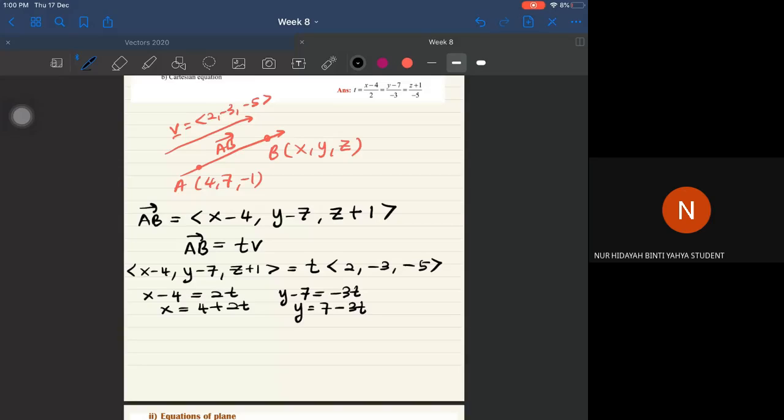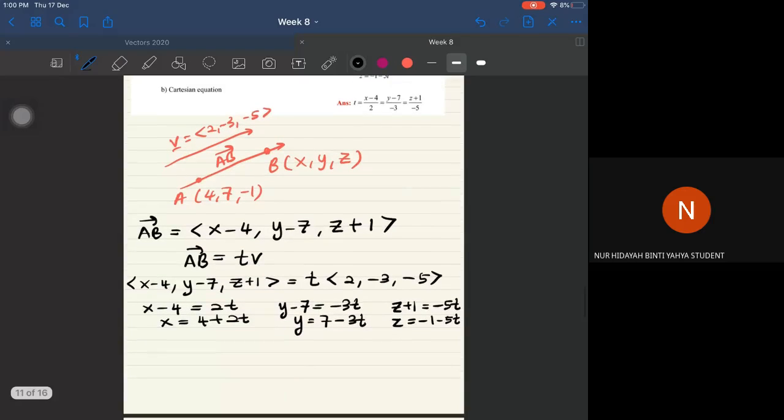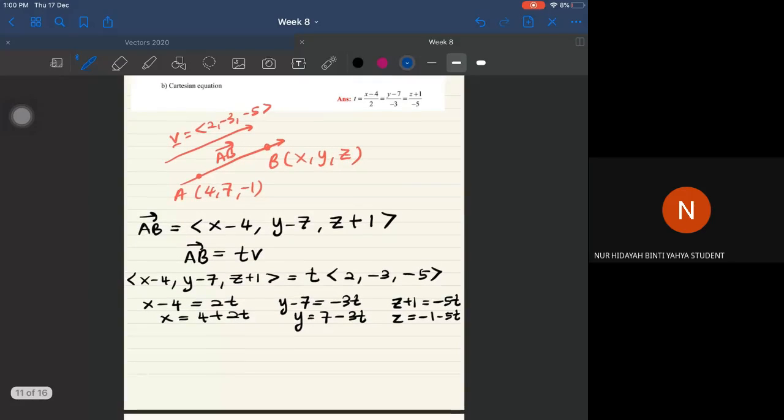And the last one, z plus 1 is equals to negative 5t. So your z is equals to negative 1 minus 5t. Okay, so this is your parametric equation.